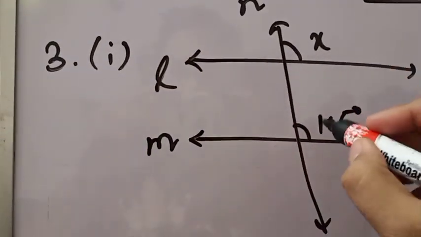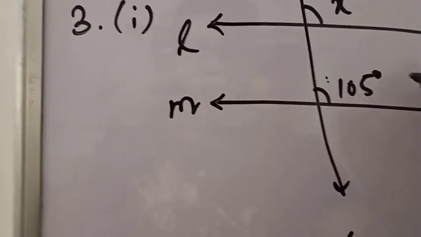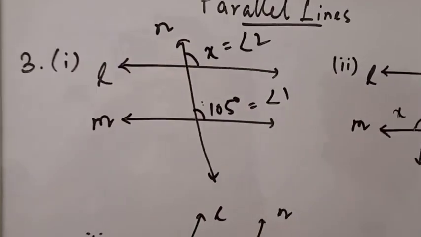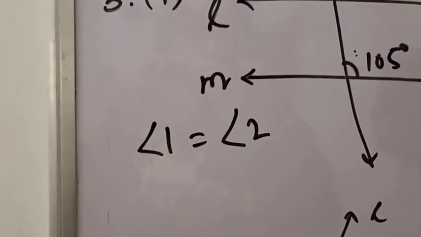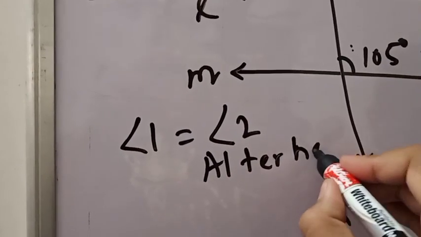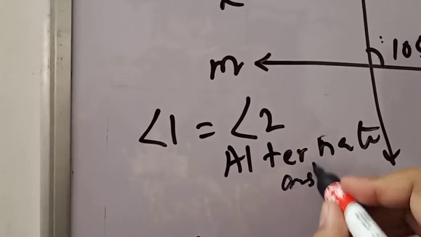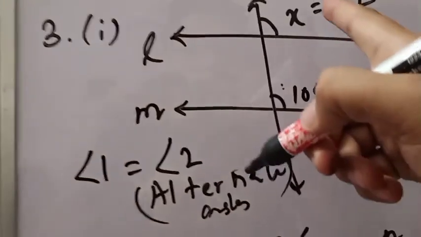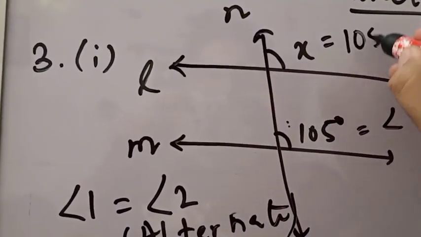If we write this is angle 1 and this is angle 2, then angle 1 equals angle 2. Why? Because alternate angles. So if alternate angles, that means 1 equals 2. That means this also equals 105 degrees.